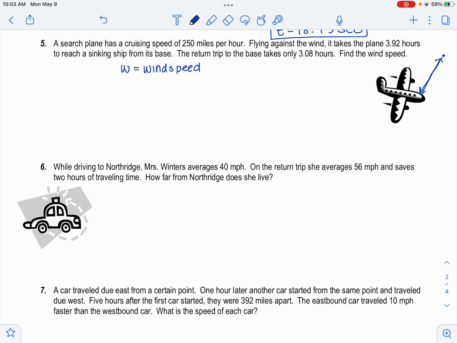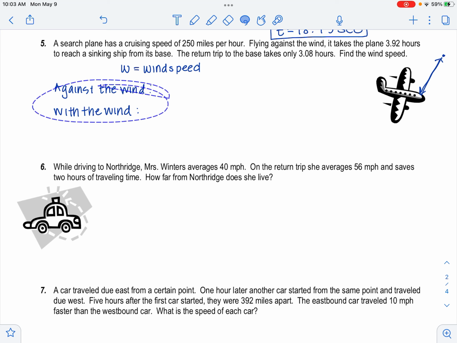So I'm going to make two equations, both having just a D in them instead of D1 and D2, but one is against the wind and one is with the wind. So I'm going to organize it that way. I'll make an equation against the wind and with the wind. I'm going to move this over a little bit.